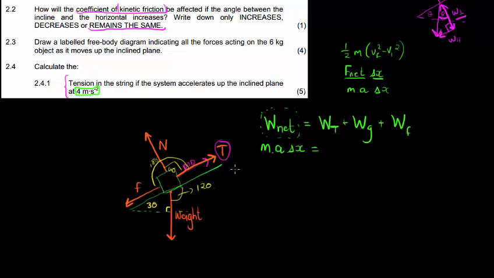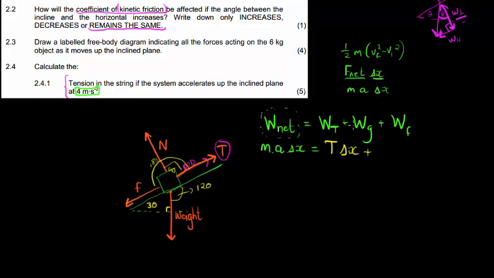So the work applied: we can see tension is in the same direction as the motion, since they say it's accelerating up. So it's accelerating in the same direction as T. So we know that the angle between T and the direction of displacement is 0. So this would just be T times delta x.